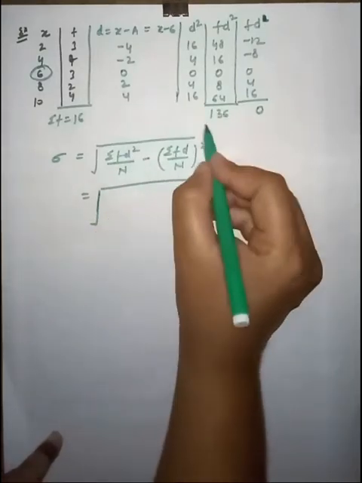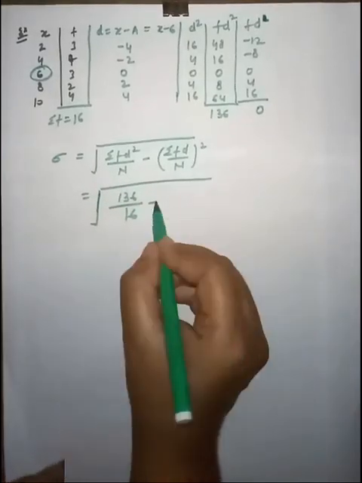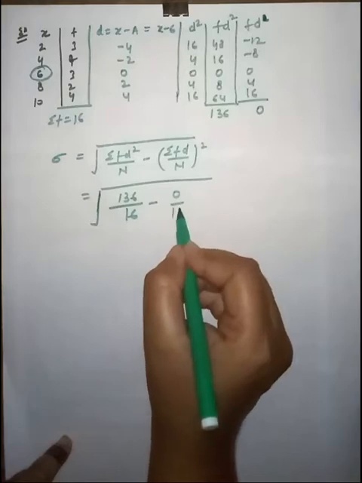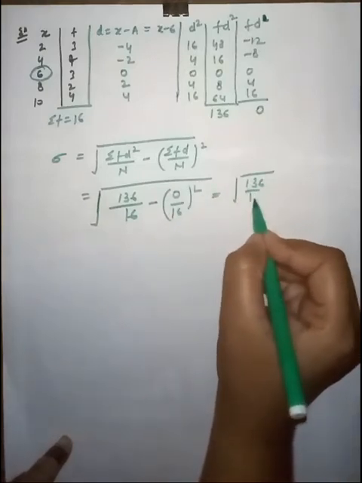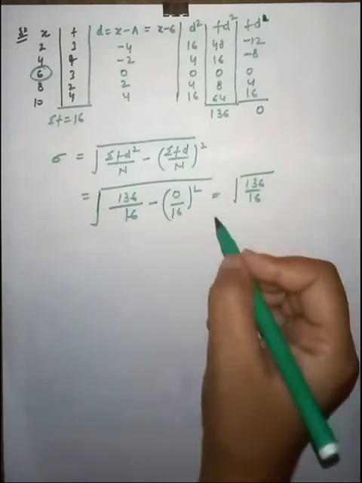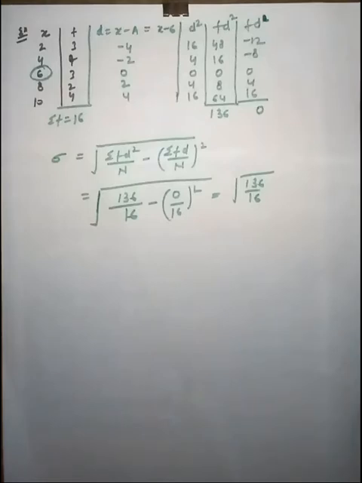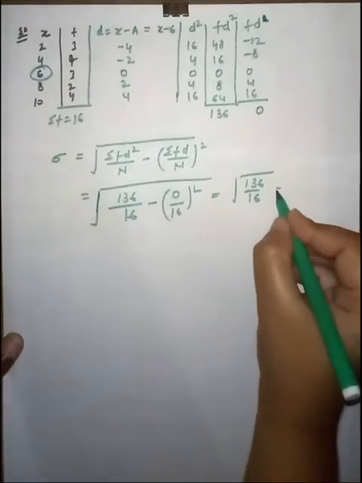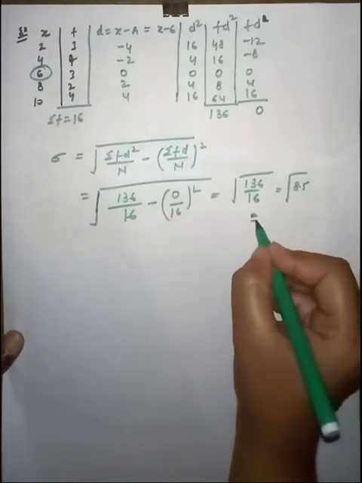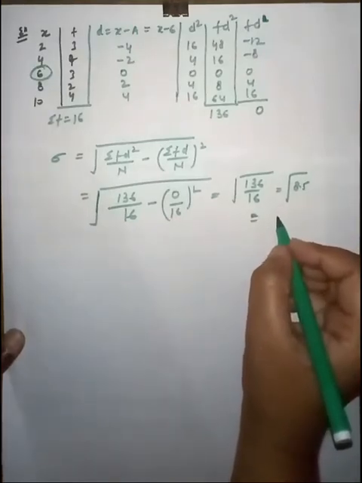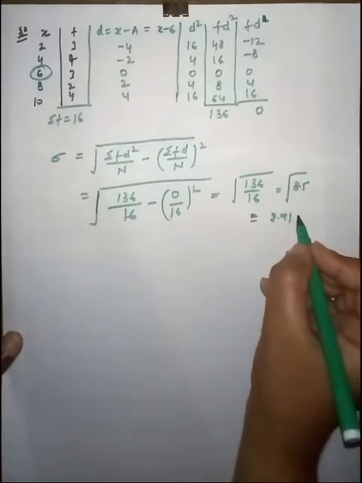Summation FD square is your 136 upon 16 minus summation FD, which is 0 upon 16. So this value comes 136 upon 16. Now solve this one and find your standard deviation. So this one is 8.5, and if you solve this one, this value comes around 2.91 something, right?